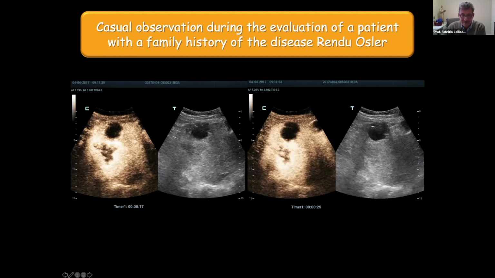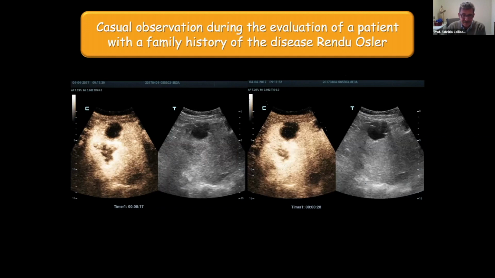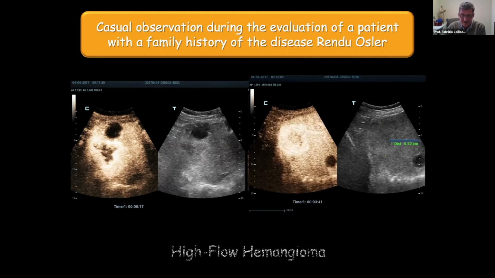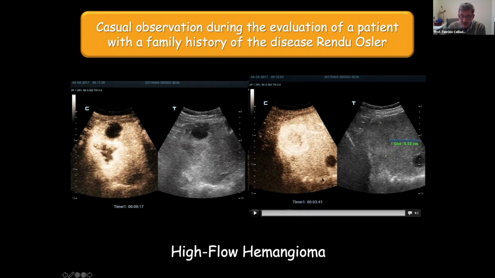This is a high flow hemangioma, and really easy to understand. So no Rendu-Osler at all, but a high flow hemangioma, very recognizable and full of contrast. The lesion is not obscuring the lower portion of the image with an excessive amount of contrast.